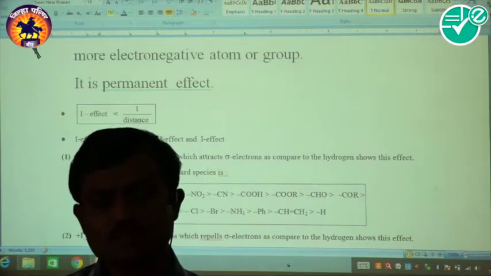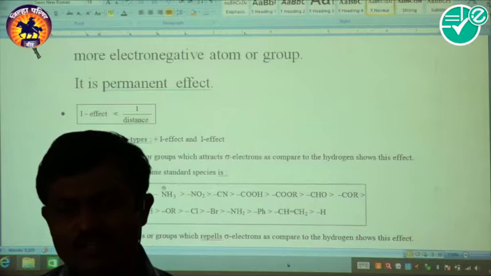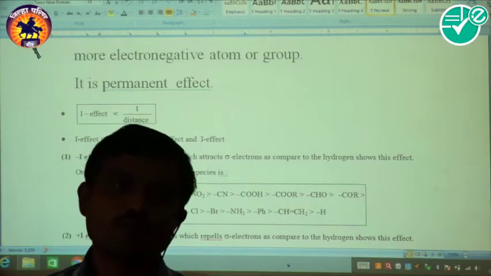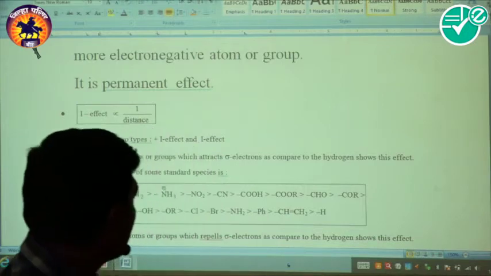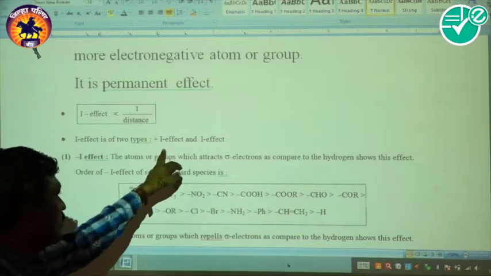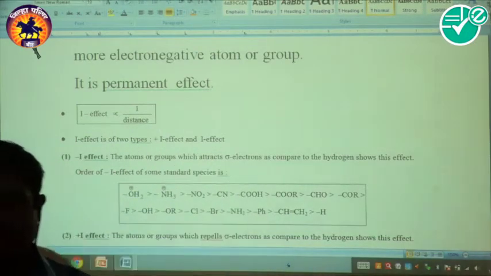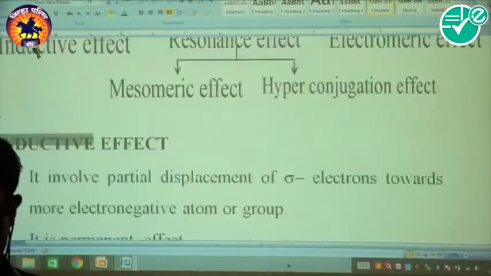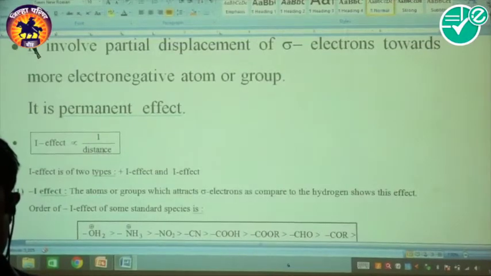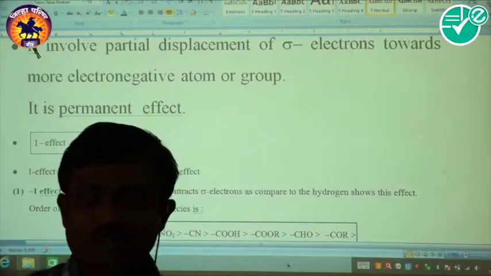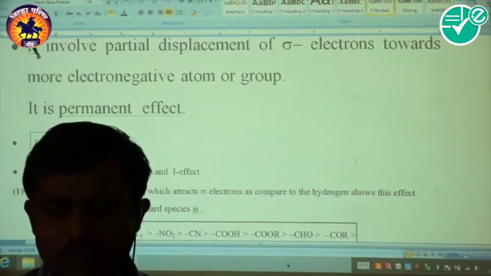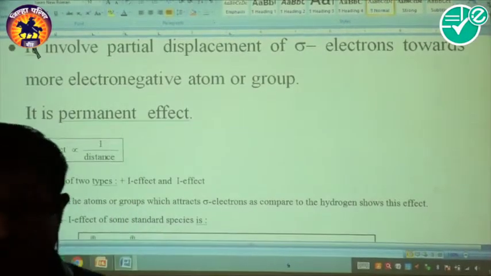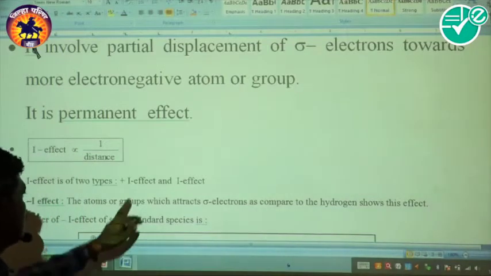So there are two types: one is called the plus inductive effect, another is called the minus inductive effect.